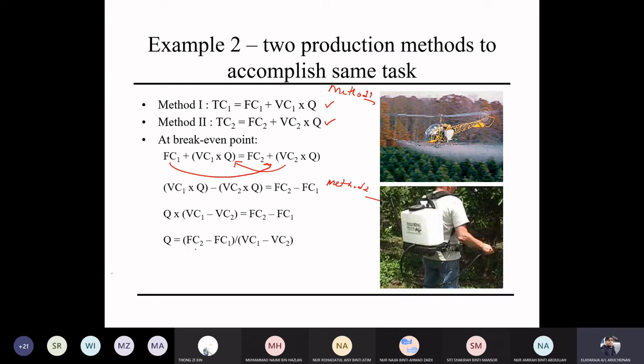So fixed cost 2 minus fixed cost 1, over variable cost 1 minus variable cost 2, will give how many trees can be sprayed. So this is the break-even point of the trees.